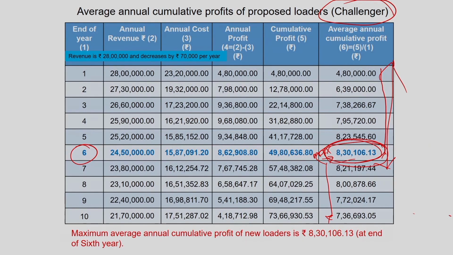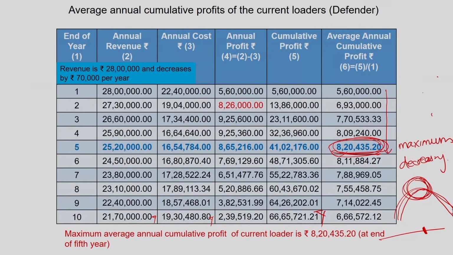So we are going to calculate the estimated annual profit of the Defender for the next year. Your current loader is already 1 year old, so the next year means the second year. The estimated annual profit of your current loader is 8,26,000.